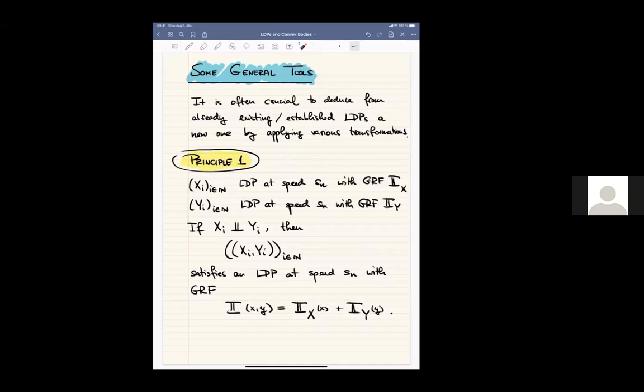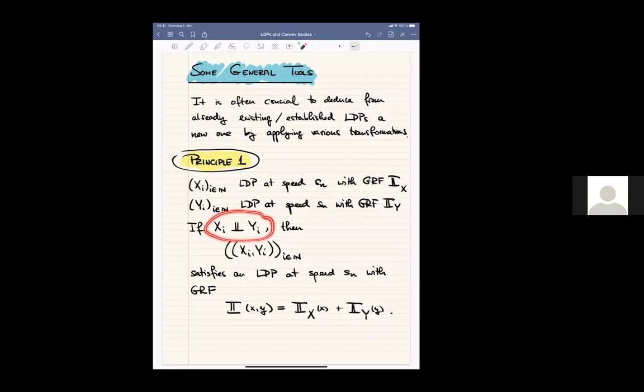You have a sequence of random variables that satisfy an LDP at a certain speed Sn with a good rate function Ix, and you have another sequence satisfying, at the same speed, an LDP with a good rate function Iy.